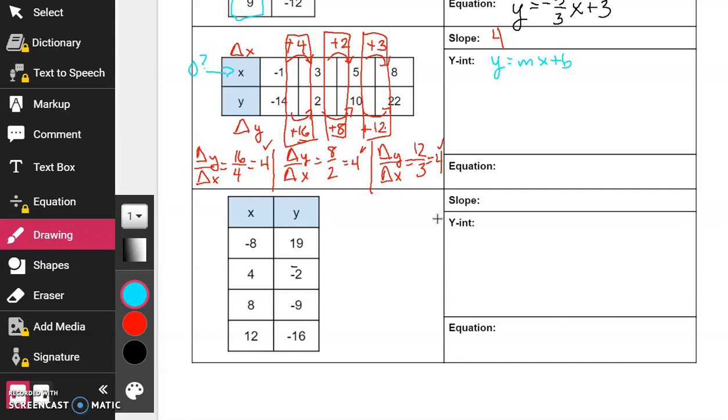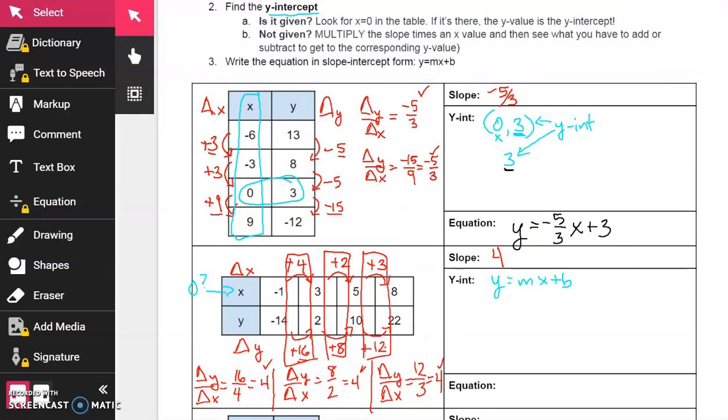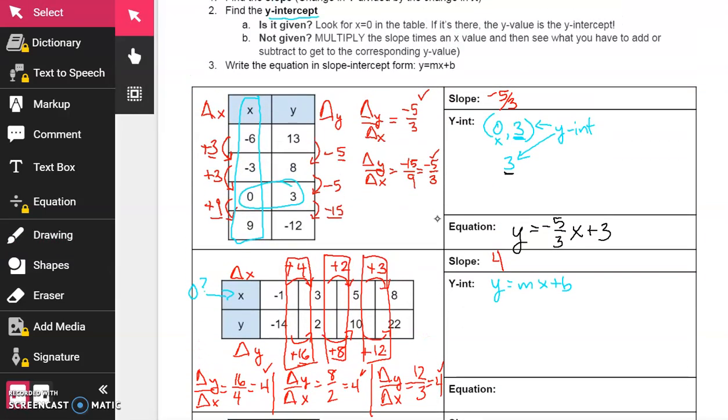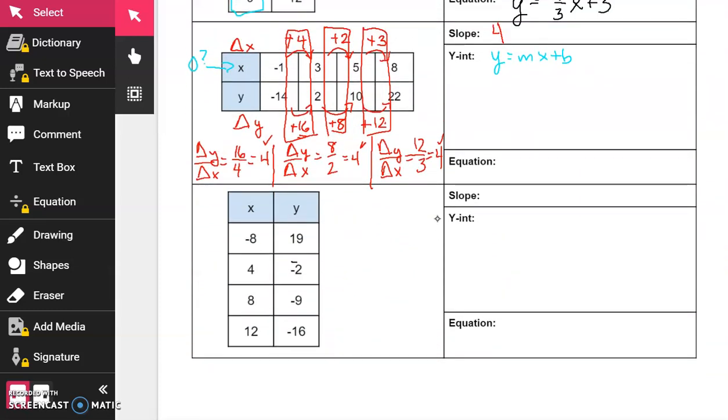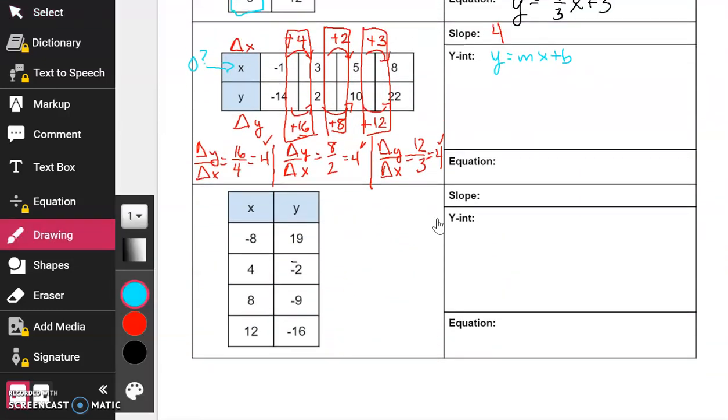And so this is where those directions that we looked at say: multiply the slope times an x value and then see what you have to add or subtract to get to the corresponding y value. That's a whole lot of words and you're like, oh, don't be scared. Here we go. I'm going to rewrite my table just a little bit more spread out, and I'm going to put my y all the way over here.